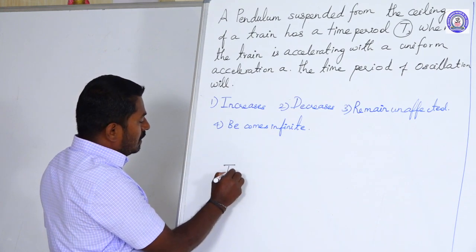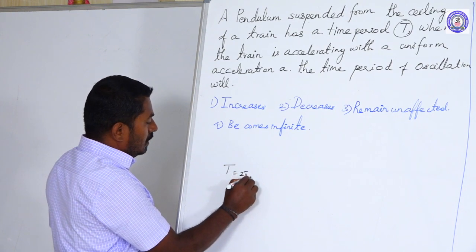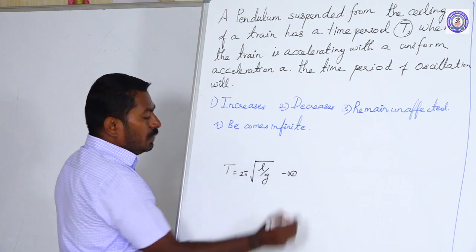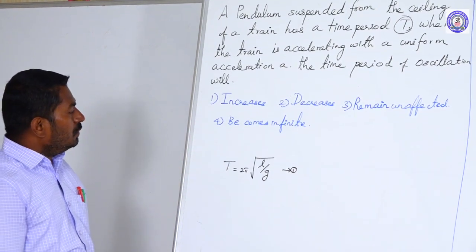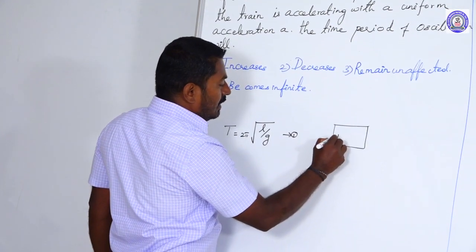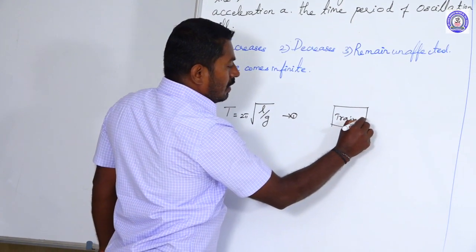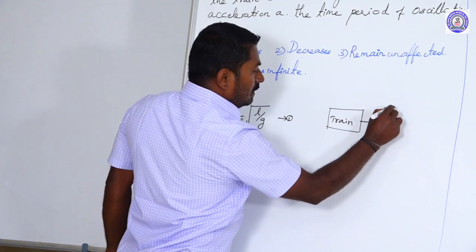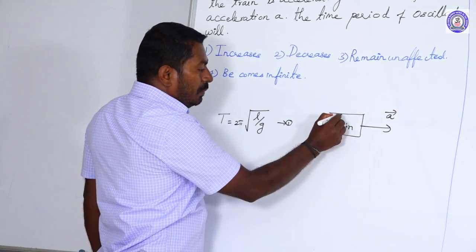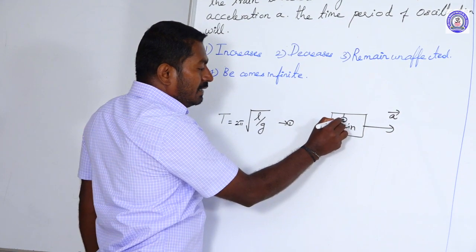Then the time period of oscillation T is equal to 2 pi square root of L divided by g. Equation number 1. Now the train is accelerated with constant acceleration along the horizontal direction towards the positive x-axis.